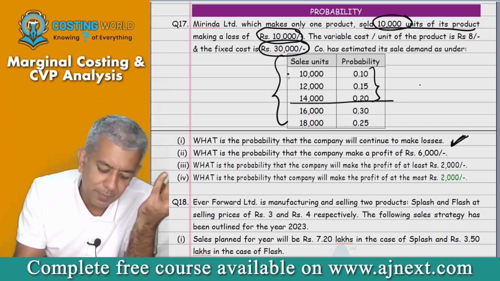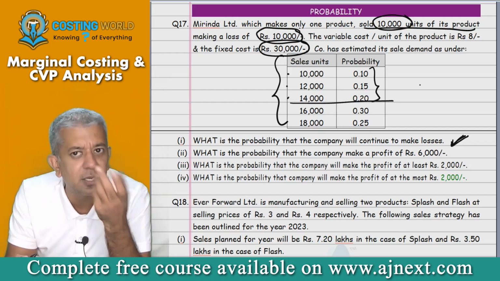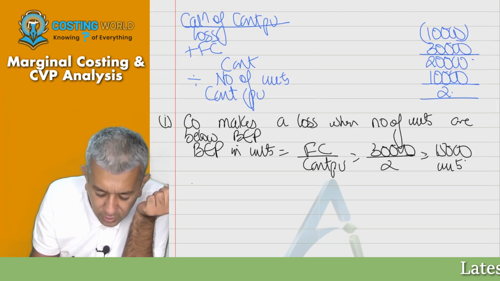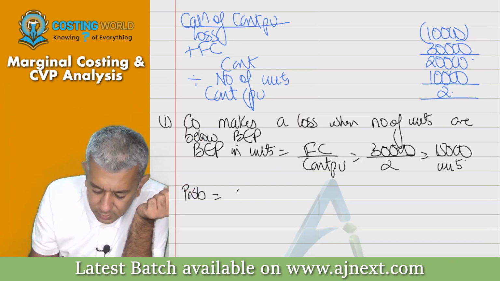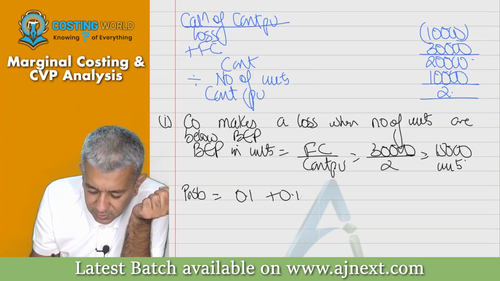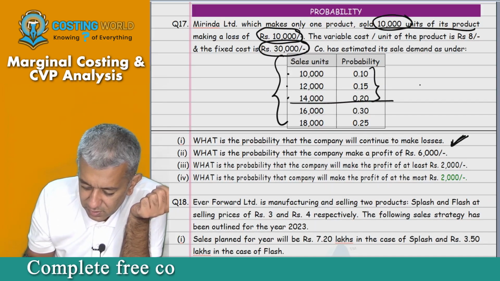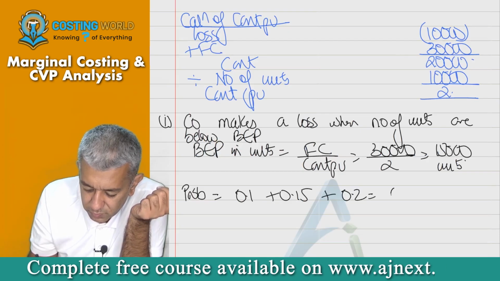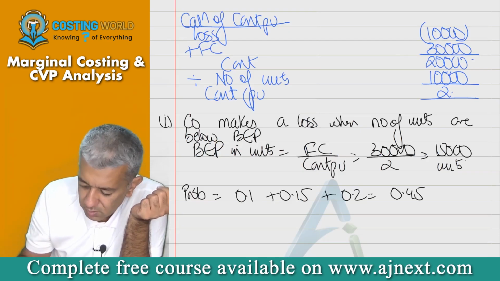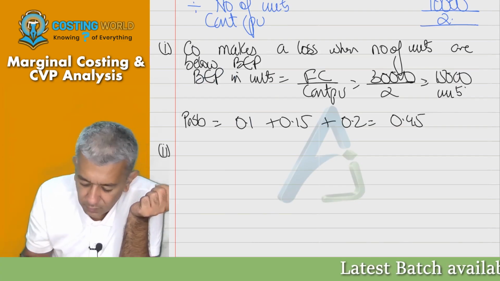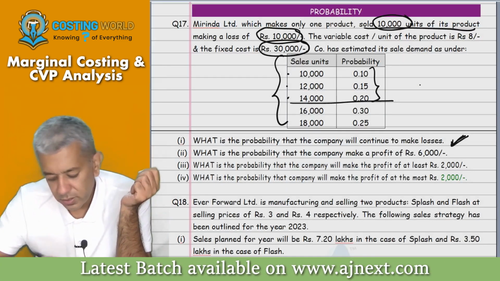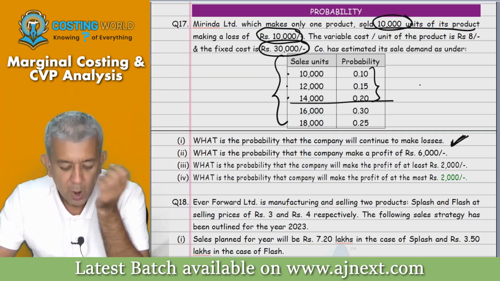So if this happens, or this happens, in any case, there will be a loss here. So therefore, you all can write down probability is equal to 0.1 plus 0.15 plus 0.2 is equal to 0.45.